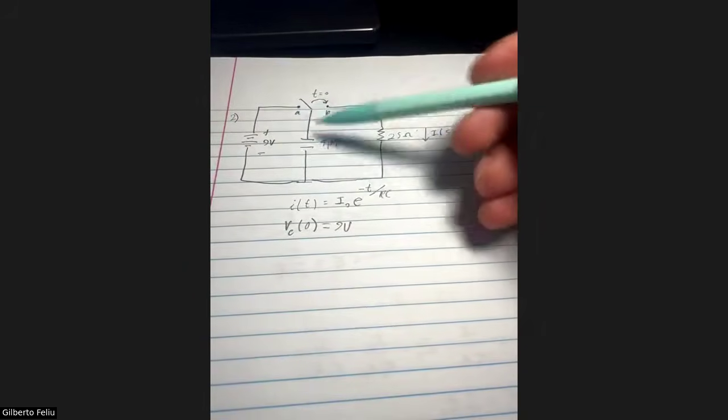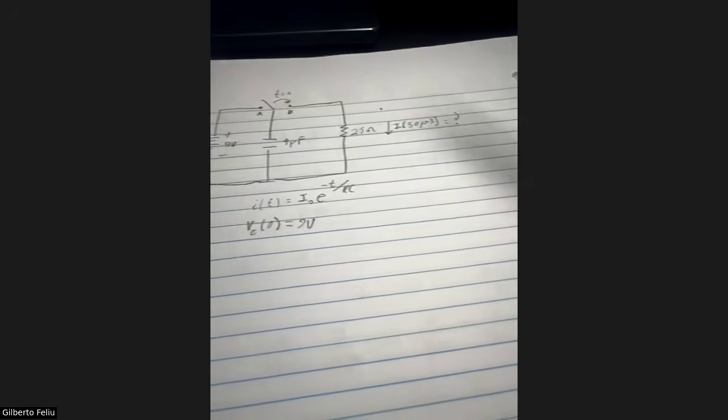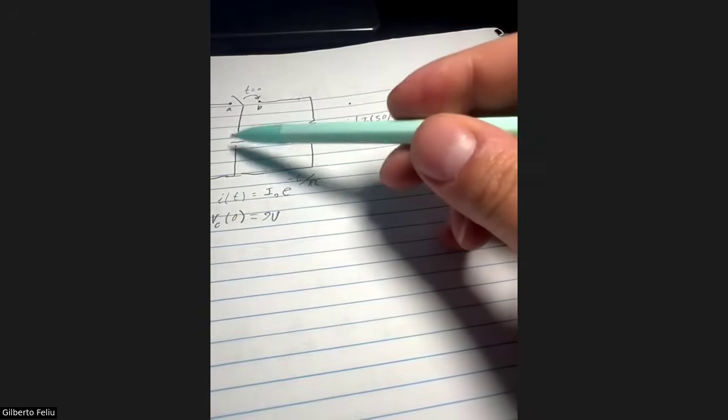Let's say the 9-volt battery has been charging it for a good amount of time. So once we flip the switch, the first voltage drop that we can ever measure across this, let's say it's 9 volts, right?